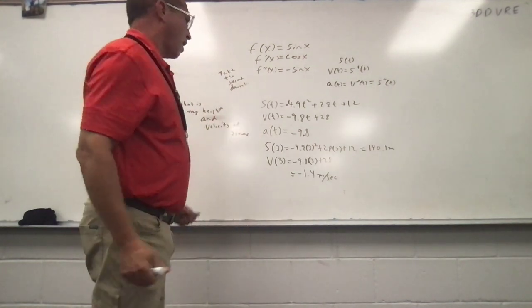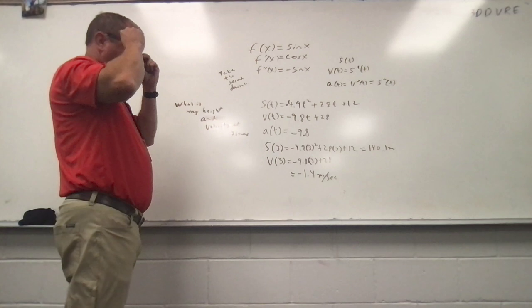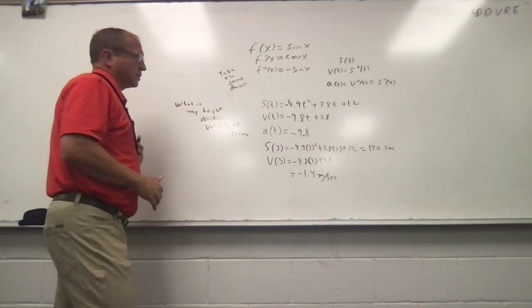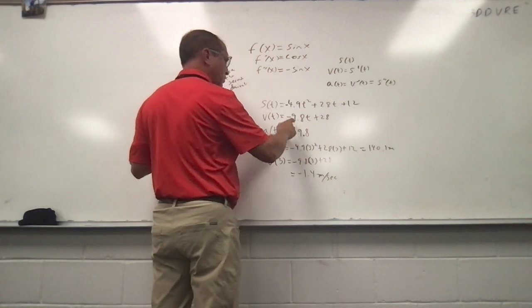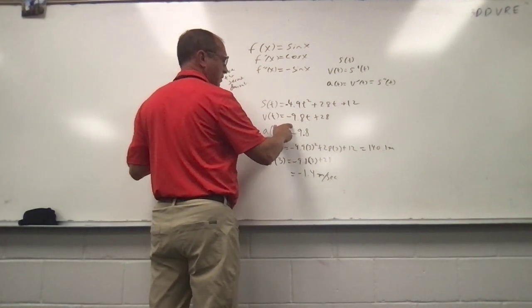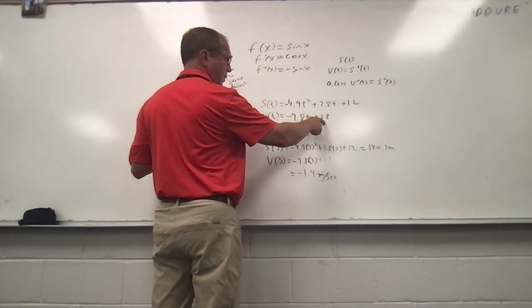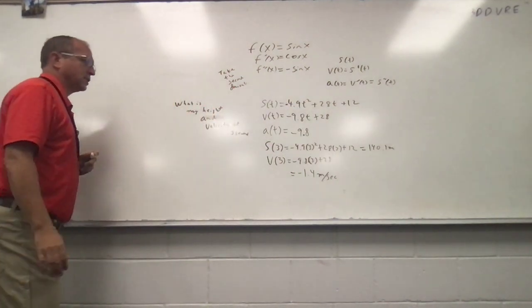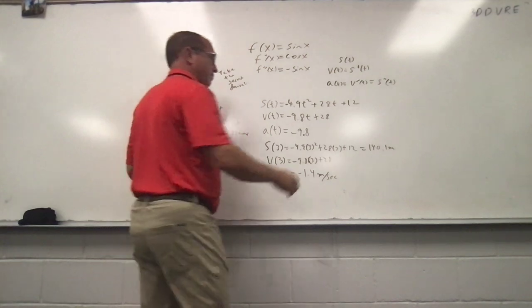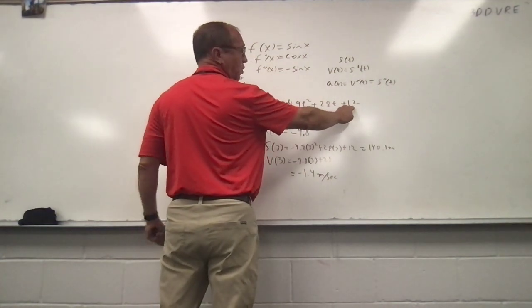Also, just one last thing, and then we'll go on from this. Notice when you take the velocity equation of the free-falling object, again, neglecting any kind of wind resistance, the initial height goes away.